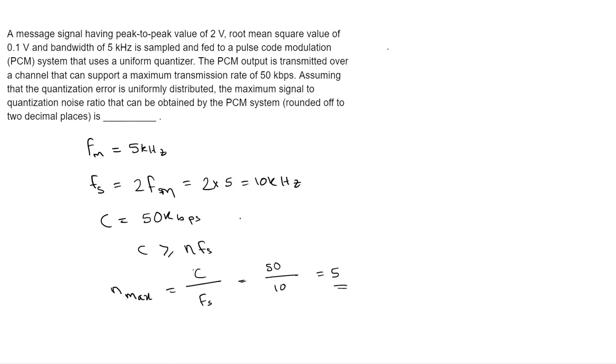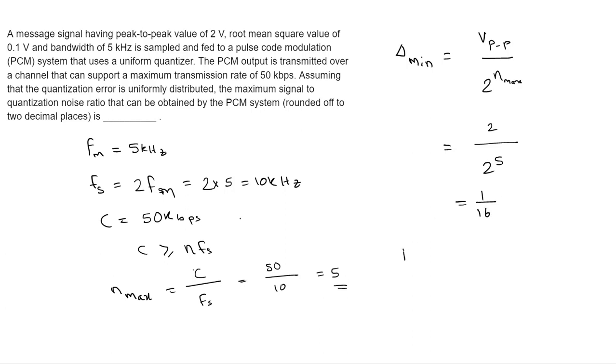So using Nmax we find delta min, that is equal to V peak to peak by 2 to the power Nmax. So that must be 2 by 2 to the power 5, and that comes out to be 1 by 16.